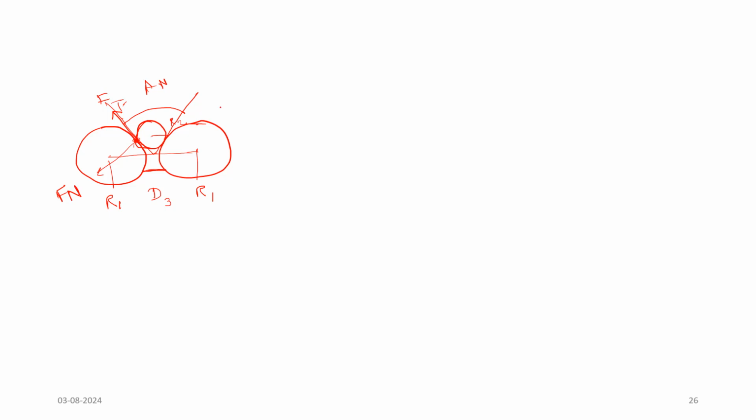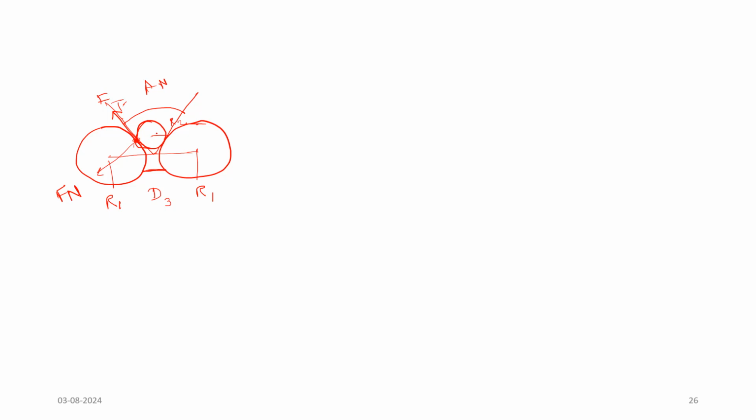So two kinds of force are acting on this contact point, where the crusher rolls and the feed particles touch each other, right? Are you getting? Yes. Yes.